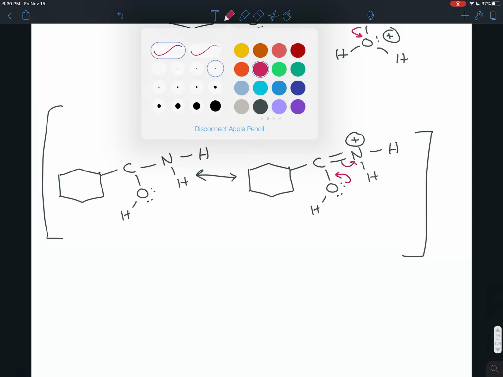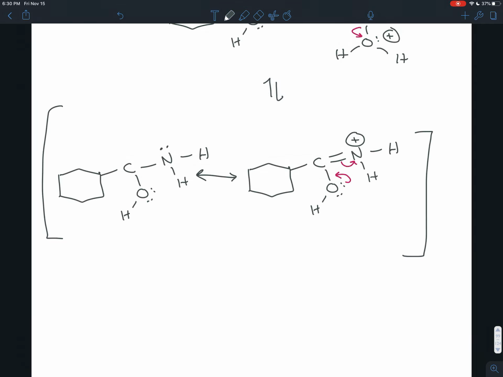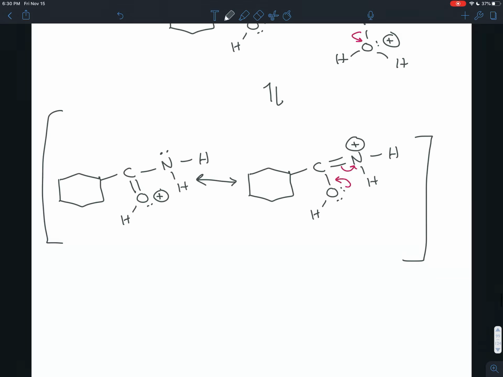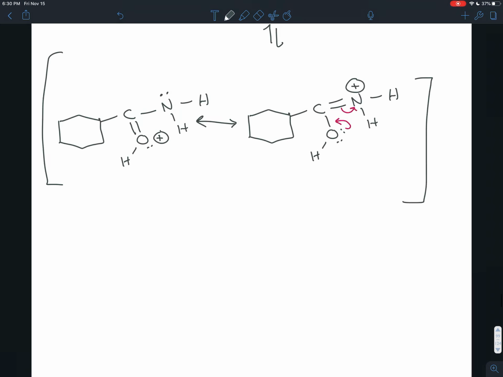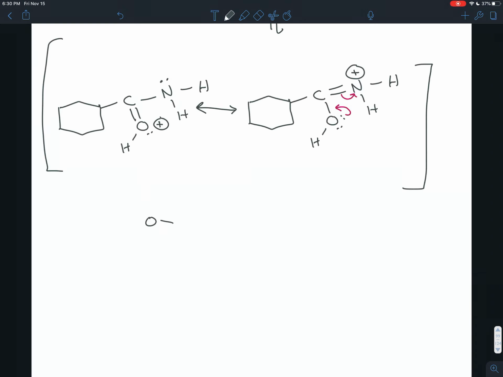So in that case, the nitrogen wouldn't have the positive charge. It'd have the lone pair instead. And this oxygen would have a double bond, 3 bonds, therefore, and then, because of that, a full positive charge. So now you can start to see how this oxygen is going to turn into this carboxylic acid carbonyl oxygen.